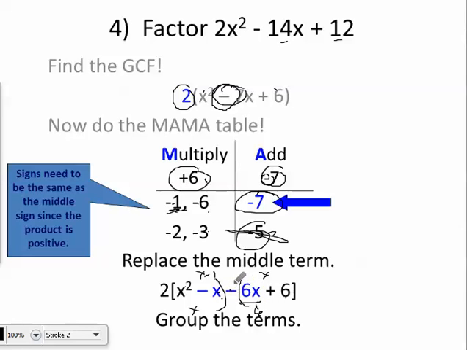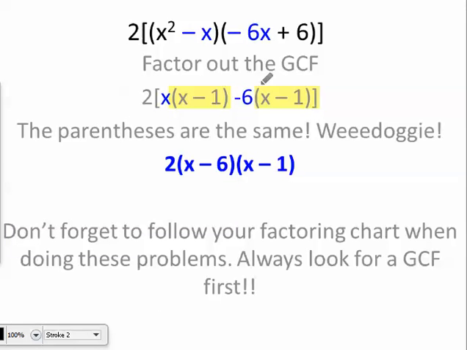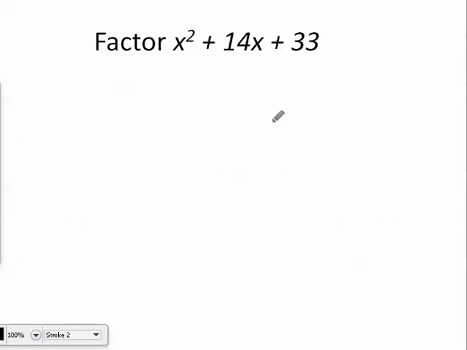See the minus sign there? I need to bring it inside. Negative 6 here, and I'll be left with an x minus 1. Those will factor out, and I'll be left with x minus 1 and x minus 6. Don't forget the 2 that we factored out to begin with. Okay? Always look for that greatest common factor to begin with.